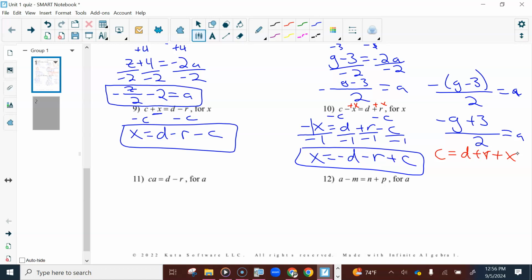When I go to solve it, it will be by itself. But I got to get rid of d and r. And I would be subtracting those, and I can do that at the same time to the other side. So c minus d minus r equals x. These look different, but they're really the same thing, just in a different order.